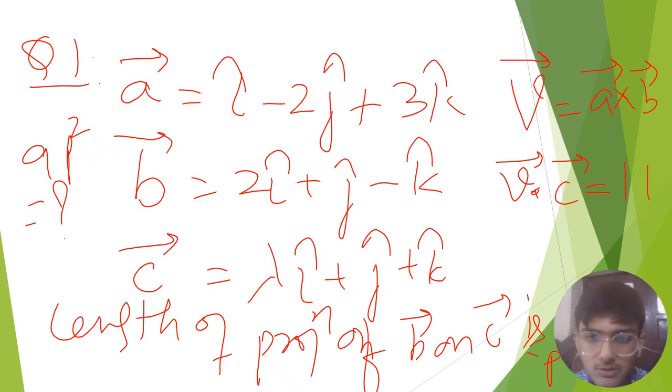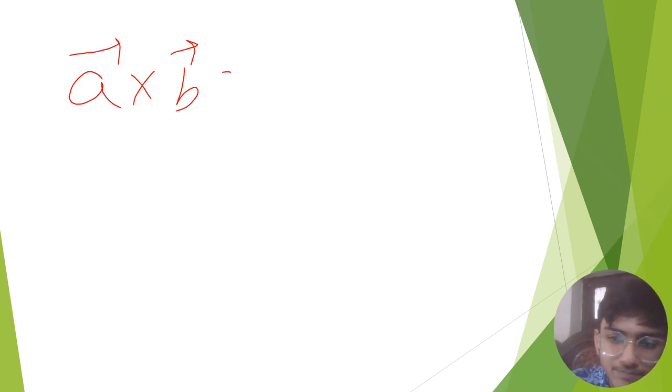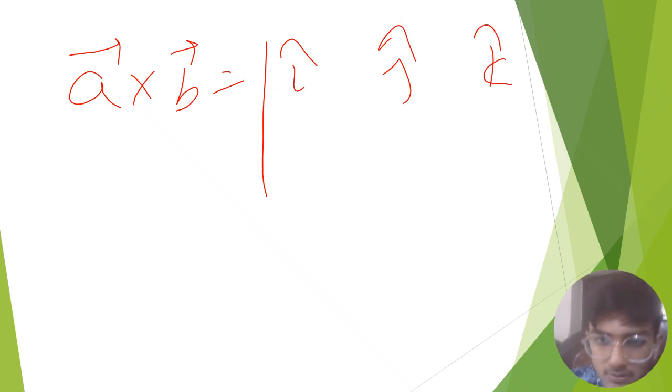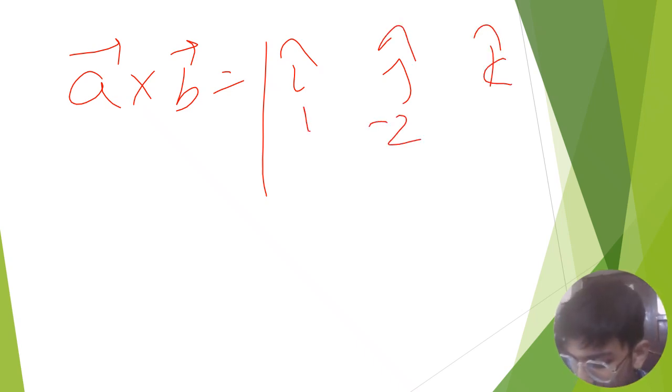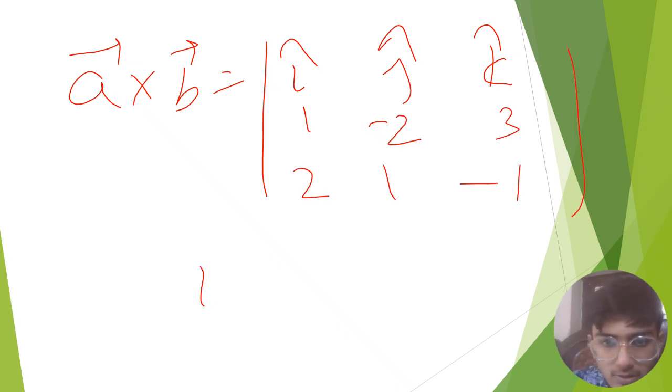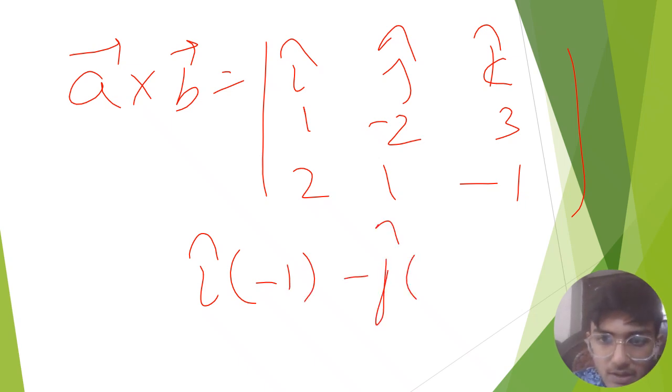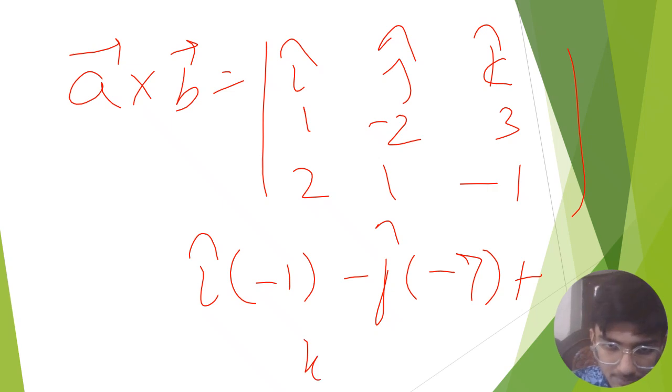Okay, so first of all, let's find A cross B. So we will just use the basic cross product, how we find it, using determinant like this: 1 minus 2 3 and 2 1 minus 1. So I cap, minus 1 into minus j cap, basic determinant solving. Okay, plus k cap 5.